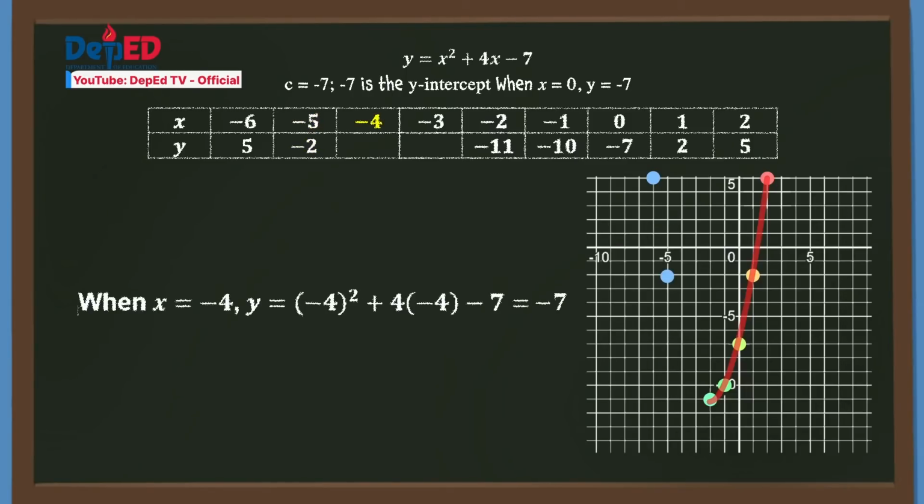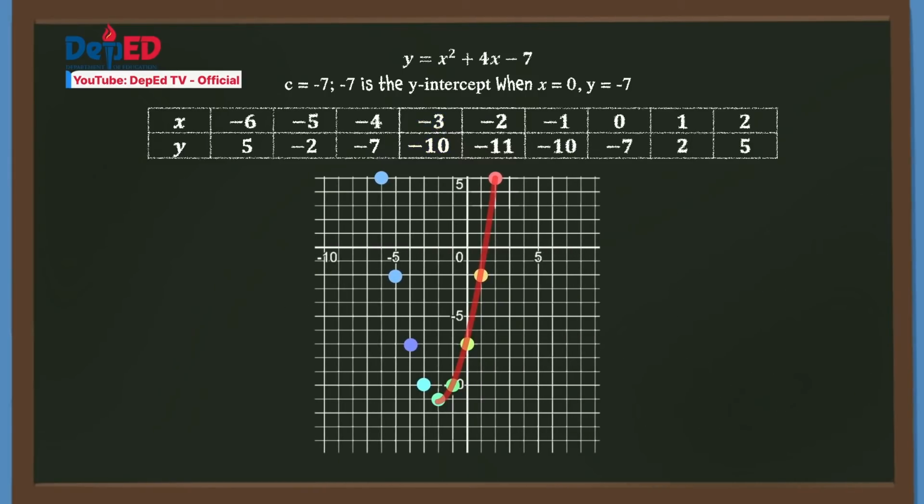When x is -4, the result is -7. When x is -3, y is equal to the square of -3 plus 4 times -3 minus 7, and the result is -10.